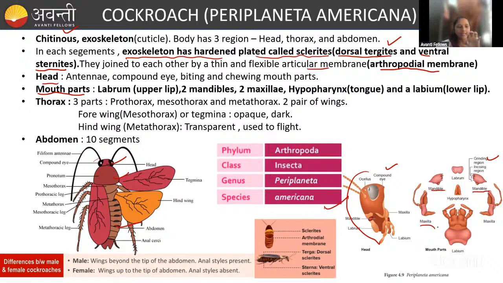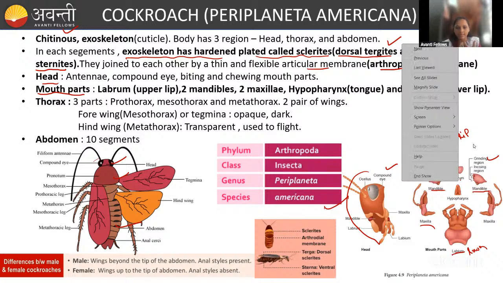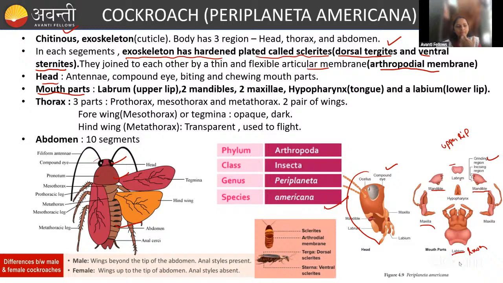Maxilla is helpful in cutting. You can see two mandibles and two maxillae are there. The labium is called the lower lip, and the labrum is called the upper lip. Labrum is the upper lip, with the u meaning upper lip. Remember like that. And the labium is the lower lip. And the hypopharynx acts as the tongue.